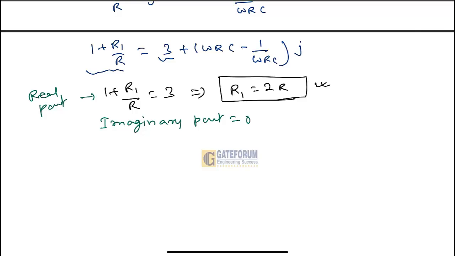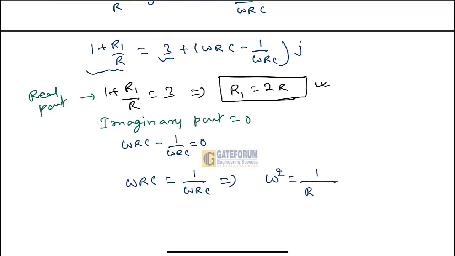So imaginary part 0 means we can write it here as omega RC minus 1 by omega RC is equal to 0. So this can be written omega RC is equal to 1 by omega RC. So from this one we will get omega square is equal to 1 by R square C square.